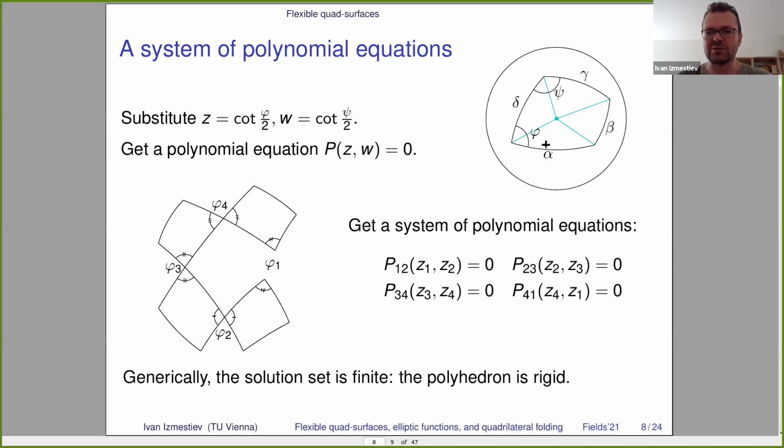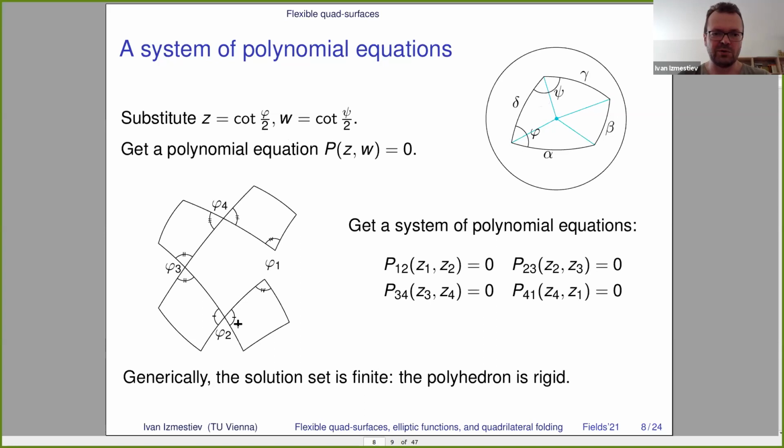So this spherical quadrilateral can deform with 1 degree of freedom, and this means that the angles phi and psi are not independent. There must be some equation connecting them, and this equation can be written down by using spherical trigonometry. Namely, if we denote by z and w the cotangents of halves of those angles, so that's the usual substitution, then you get a polynomial equation.